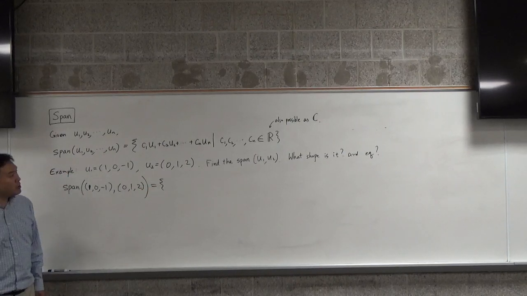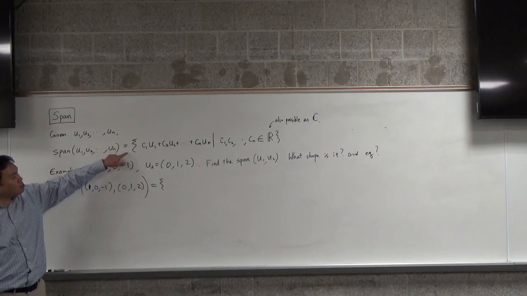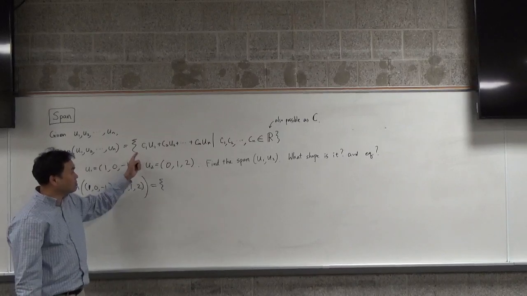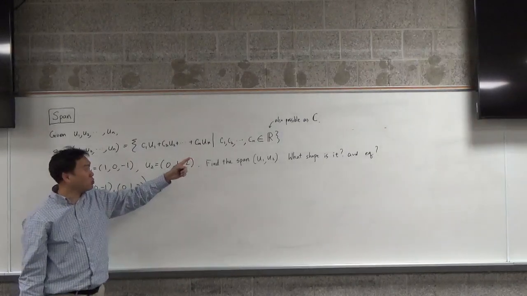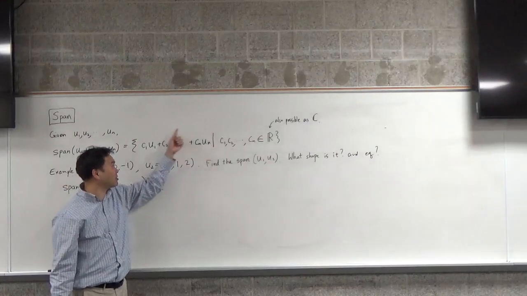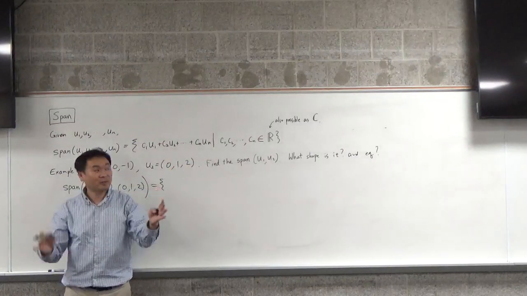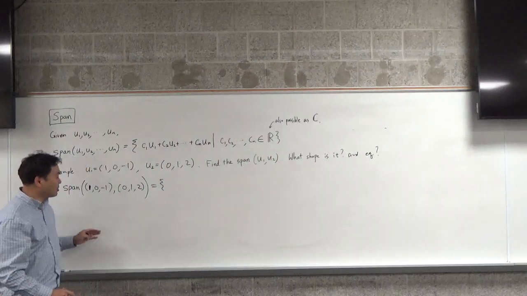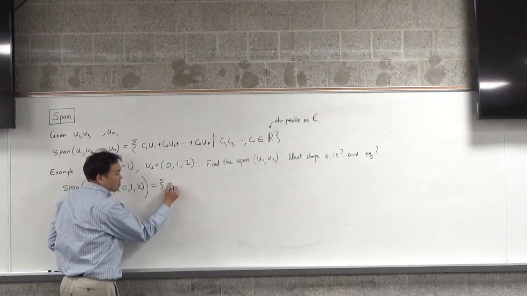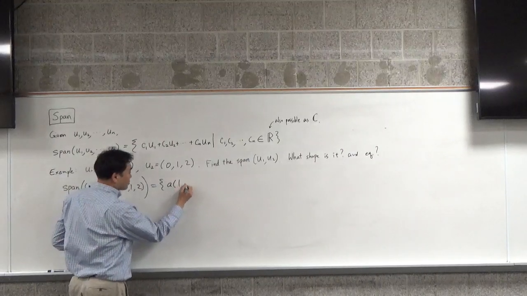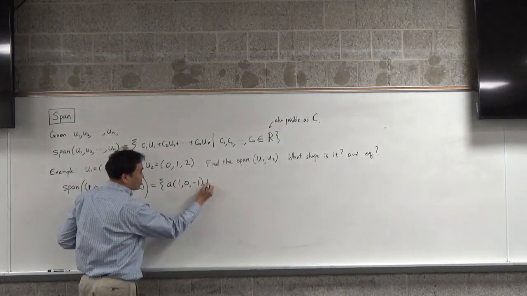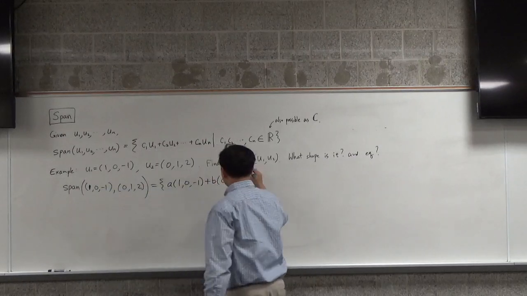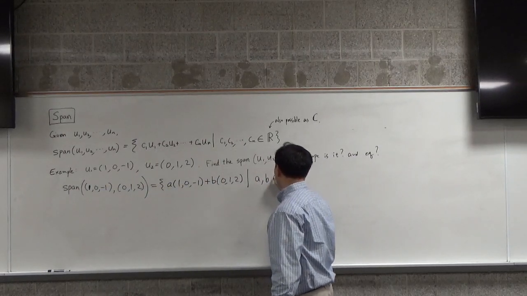Some of you may not be so accustomed to the set theoretical notation. It means you're collecting everything that looks like this as a set, with the conditions given here. Let's see what that means. It's some number times (1, 0, -1) plus another number times (0, 1, 2), where A and B are some real numbers.